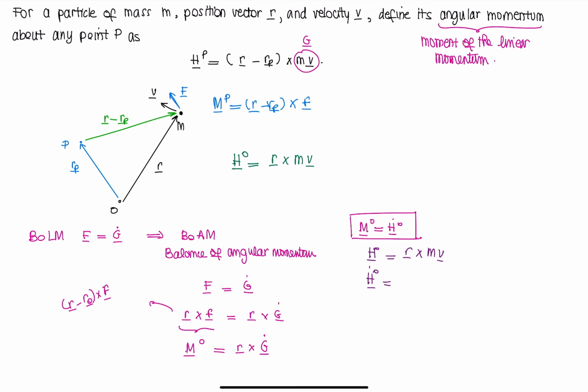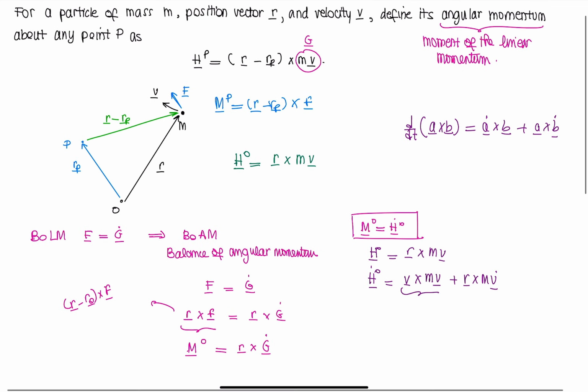So to calculate h dot O, I have to calculate the derivative of this cross product. So we recall that the derivative of A cross B is A dot cross B plus A cross B dot. So a simple product rule applies. So that's equal to v cross mv plus r cross mv dot, or ma.